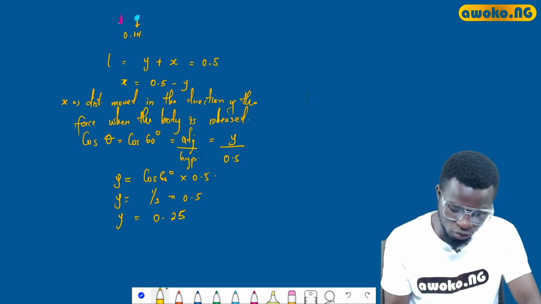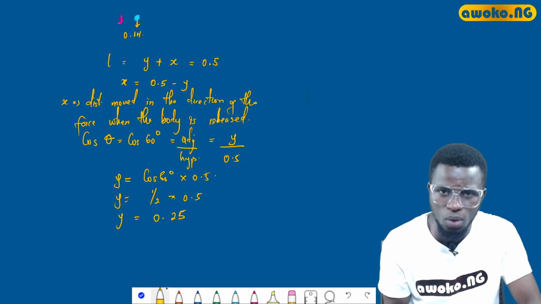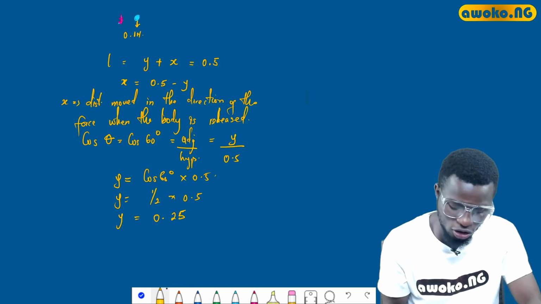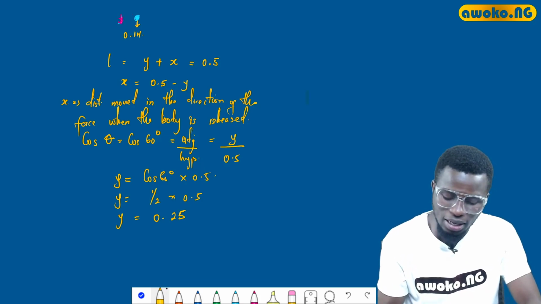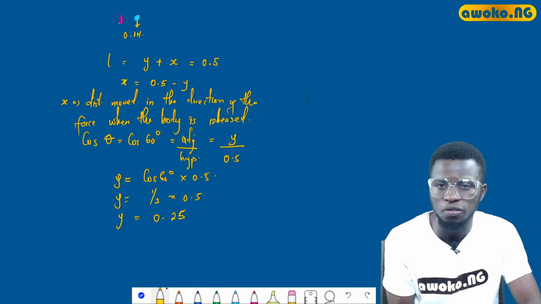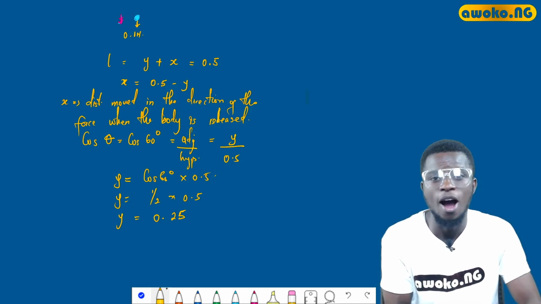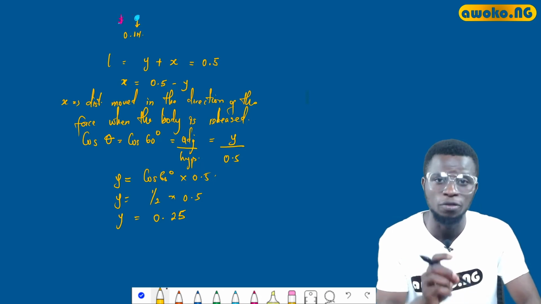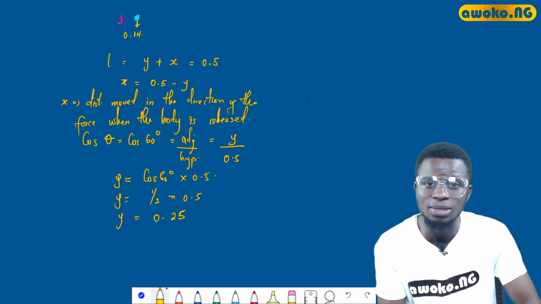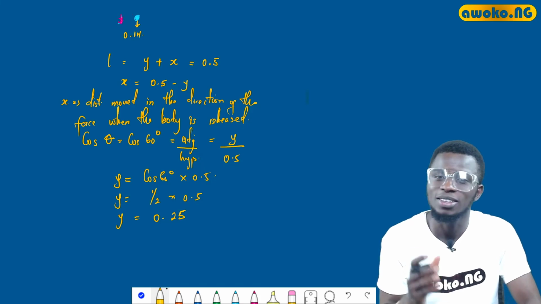Y equals 0.25. Why do we need to find the value of our y? The reason is actually to be able to find the distance moved in the direction of the force when the body is released. And of course, that is what we are going to use to find our work done, because we said that the work done is the product of the force and the distance moved in the direction of the force.